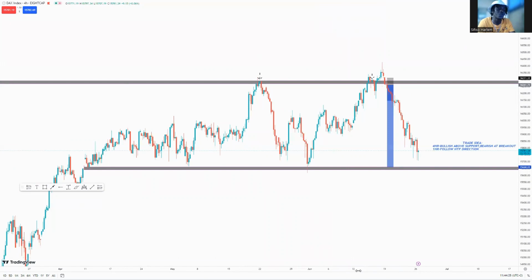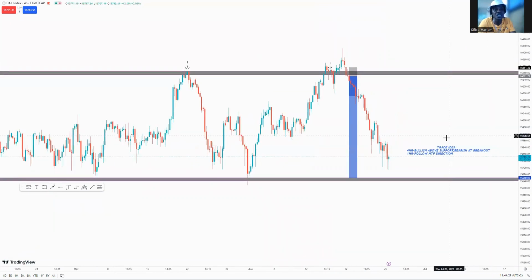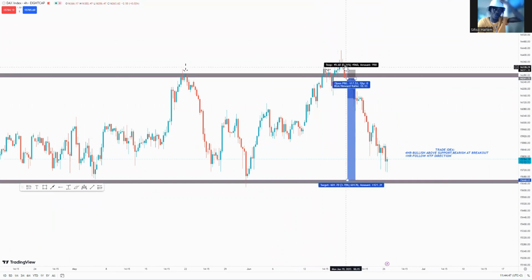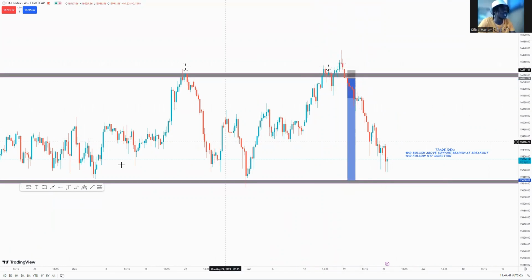Obviously, you guys know how we trade breakouts is that simple. Price closes above or below a certain zone, we wait for a retest and anticipate a continuation, either to the upside or to the downside, depending on where price broke out. From the 4 hour, price created this new all-time high, so all we need to look for is a retest in anticipation of a continuation to the upside.